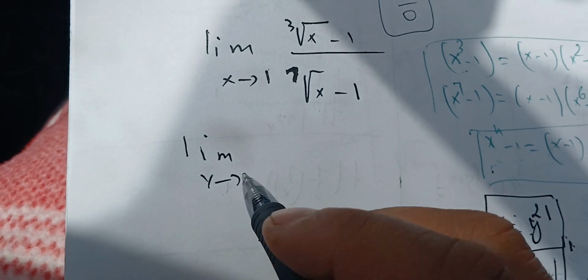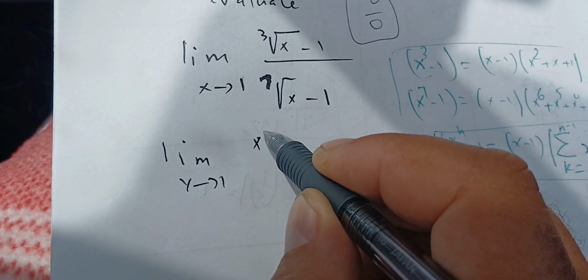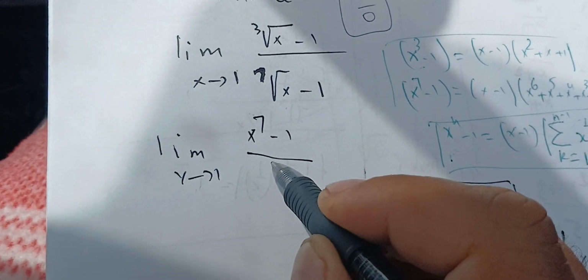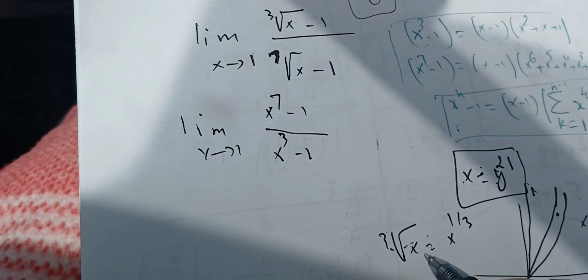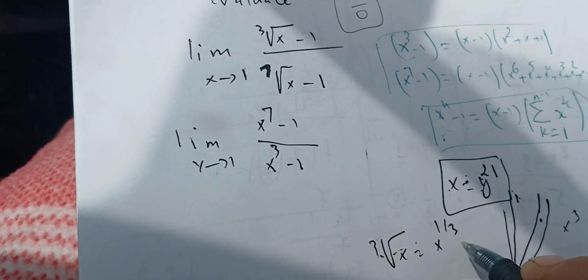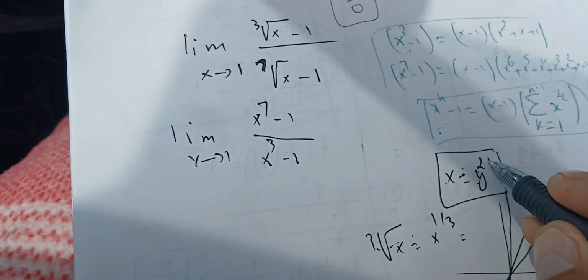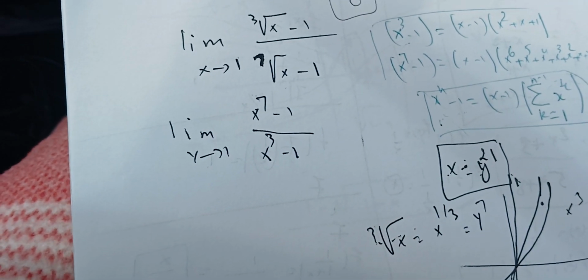Here we get the limit of y to the power 7 minus 1 over y to the power 3 minus 1. You see it from here: when we take x to the power 1/3, it's y to the power 21 over 3, which is y to the power 7.